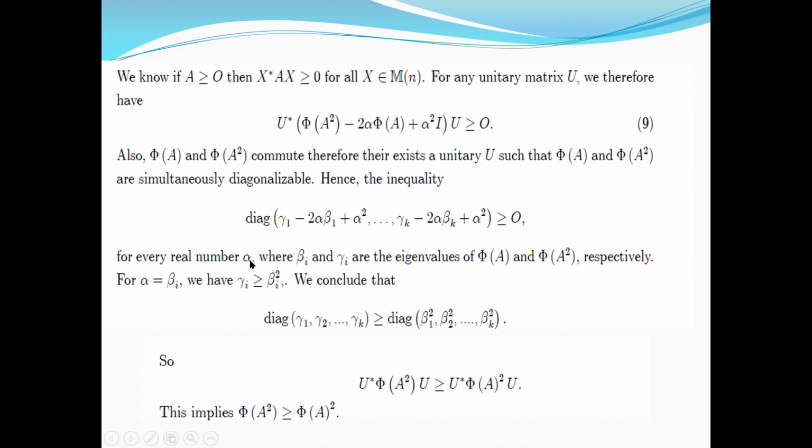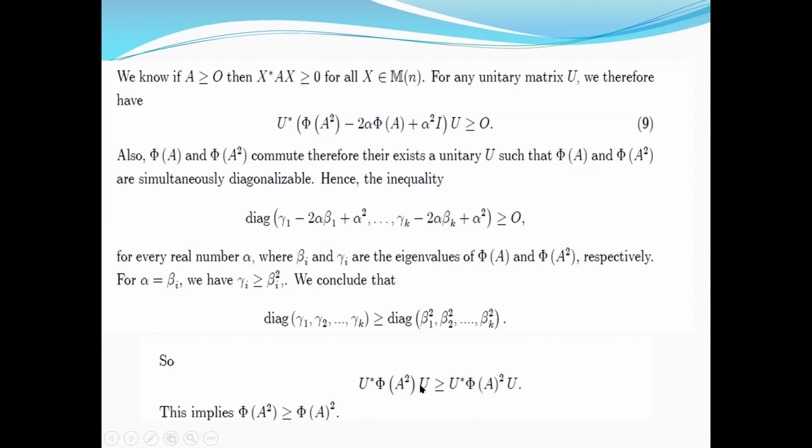So we choose alpha equal to, say, beta_1. Then we have gamma_1 minus beta_1^2 greater than or equal to 0. So this means gamma_1 is greater than or equal to beta_1^2. Similarly, in general, we choose alpha equal to beta_i, and we have gamma_i greater than or equal to beta_i^2. So we have this inequality. And what is this?